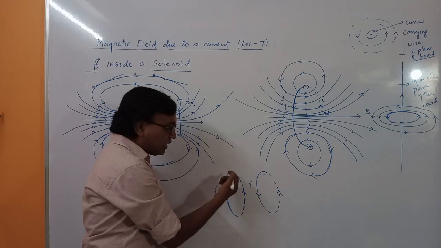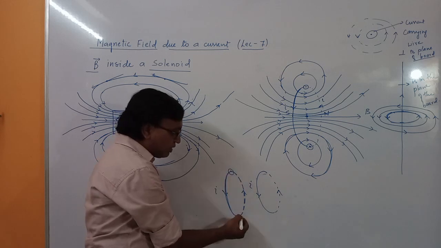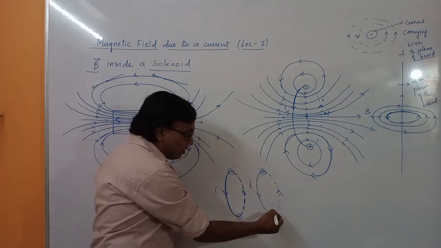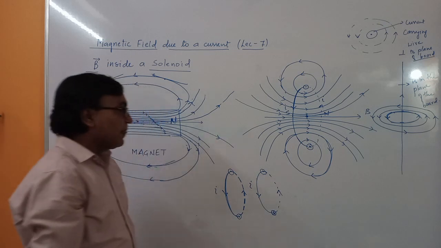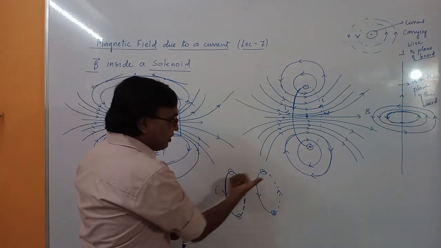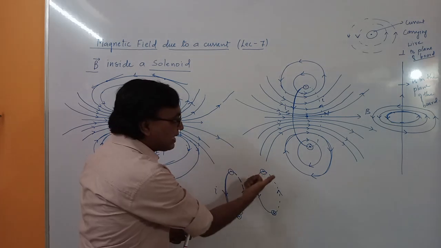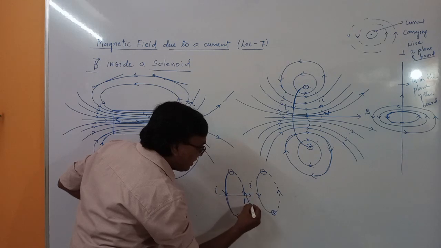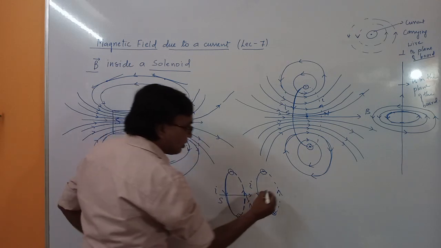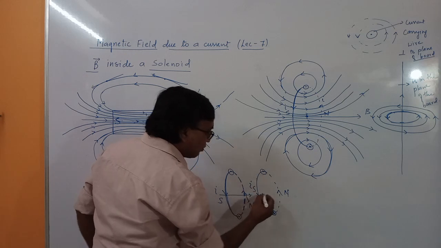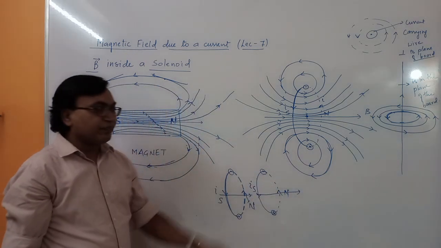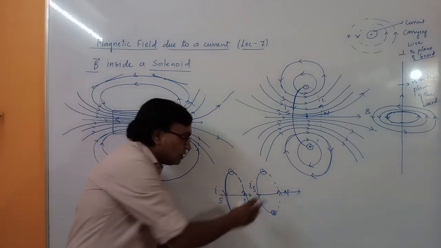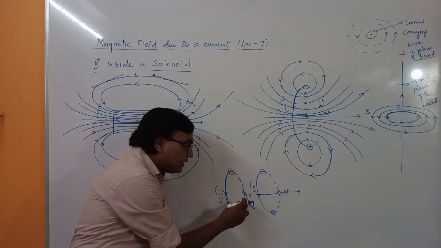Here the current is coming outside the board, here the current is going inside the board. Then the magnetic field will be along this direction, and for this loop also along this direction. So this will be north pole and this will be south pole. Similarly here north pole and south pole, the magnetic field direction being along this line. So we have the south pole of this loop and the north pole of this loop.